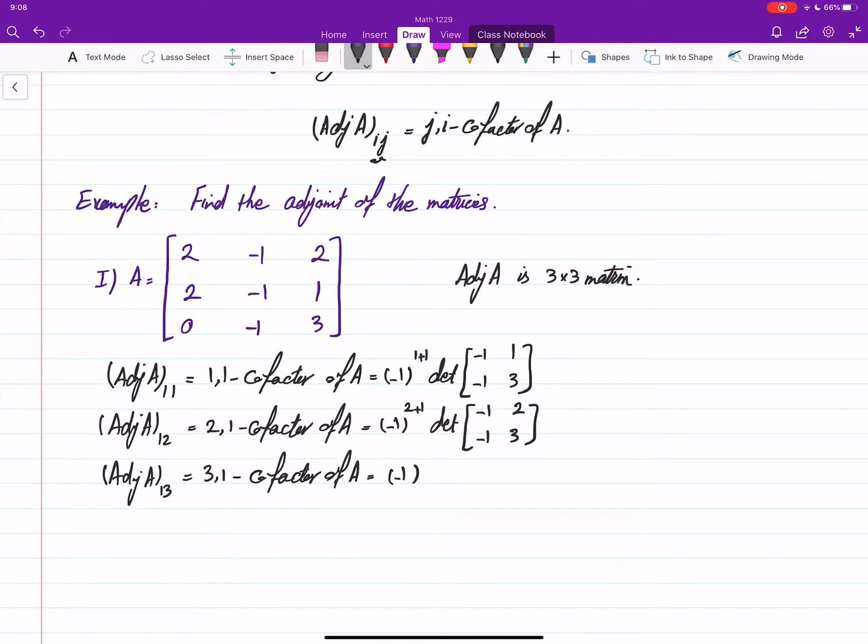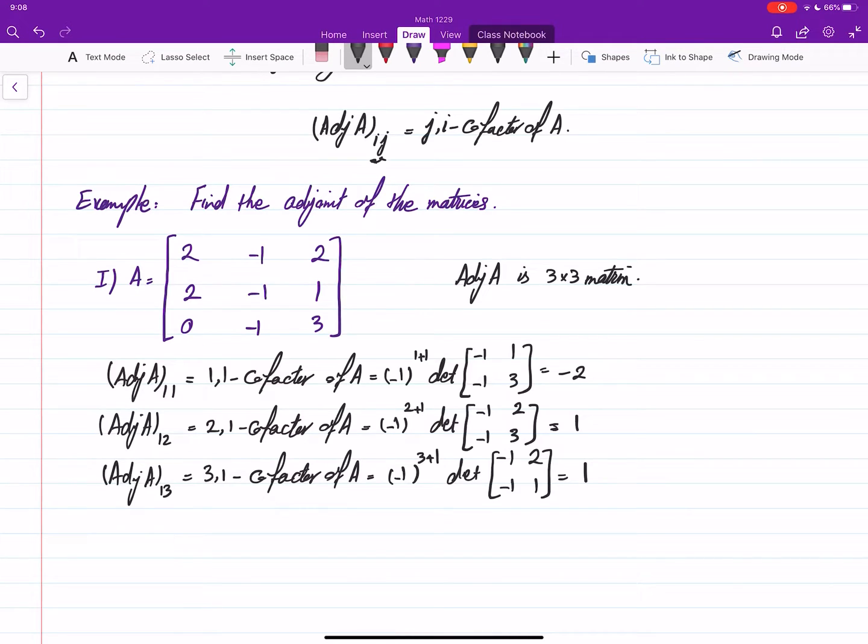Then -1 to the power 3 plus 1, determinant of -1, 2, -1, 1. So you find these entries. This needs a lot of work, I know, but you find that. So this is -2, 1, and 1.